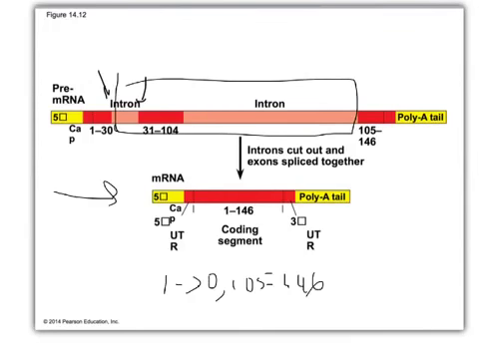I leave out that 31 to 104. Is that the same protein that's going to be produced? No. Is that protein going to have the same function? No. All right? So alternative splicing leads to different proteins and different functions.